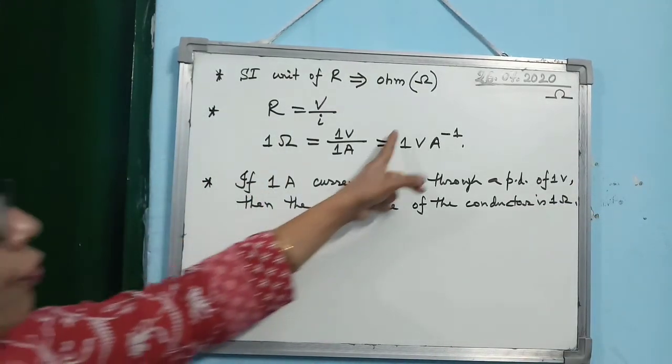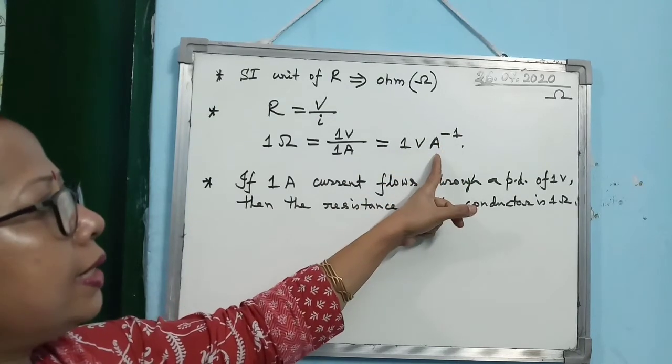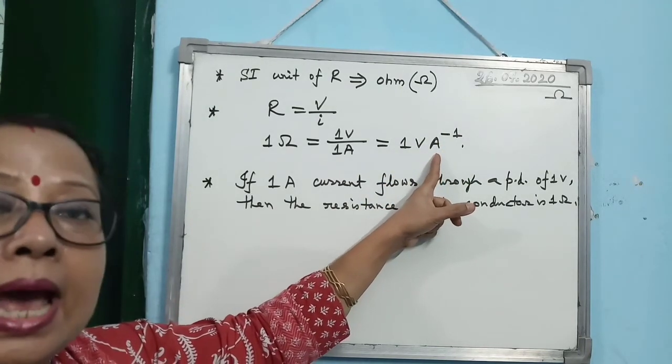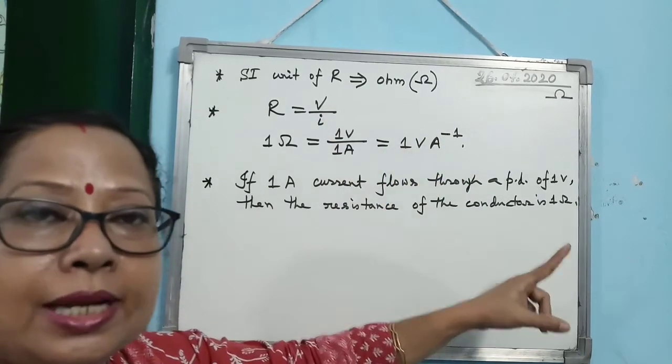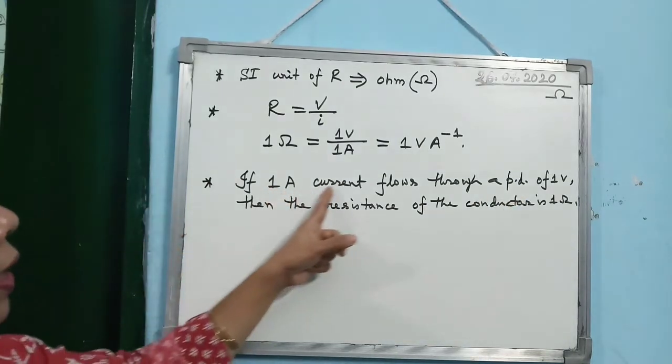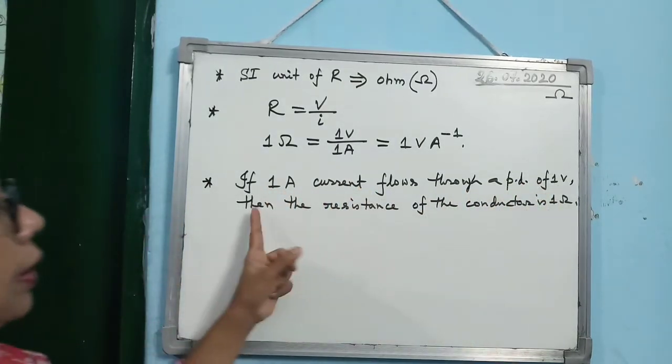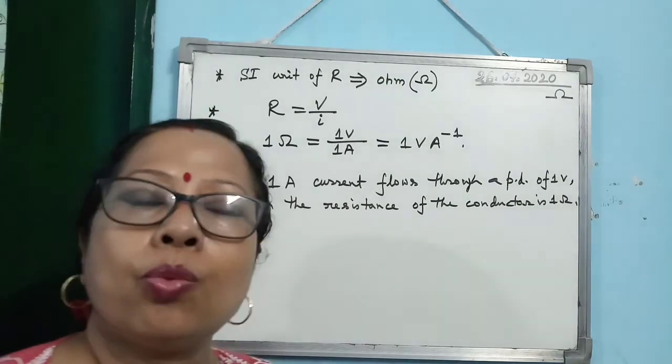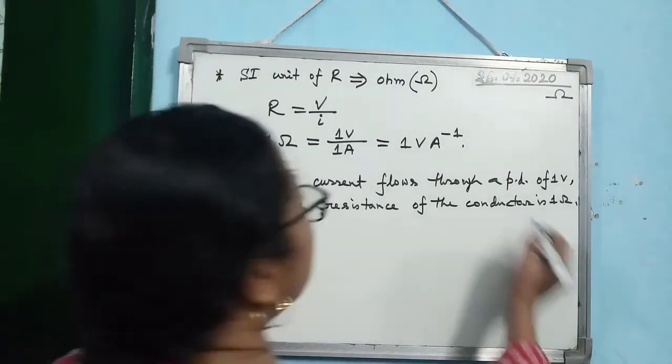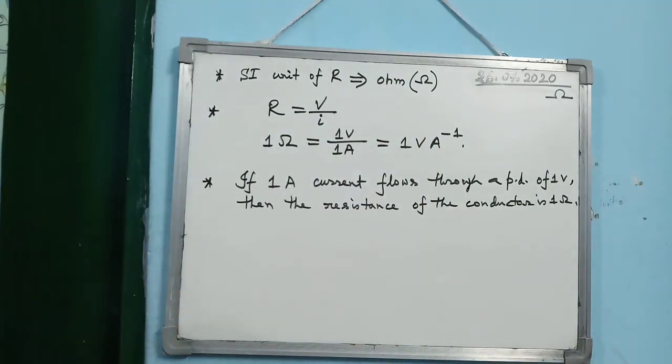Very simple. From this one only I am writing. How much current is flowing? 1 amp. And what is the potential difference? 1 volt. So, if 1 amp current flows through a PD of 1 volt, then the resistance of the conductor is 1 ohm. So the SI unit of resistance and how you can define ohm, that also you must learn. Clear?